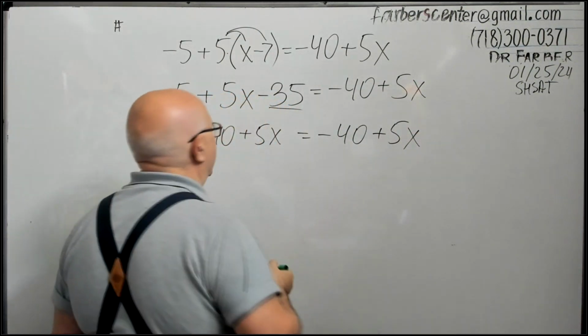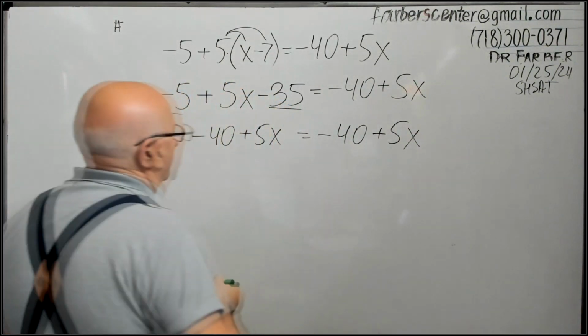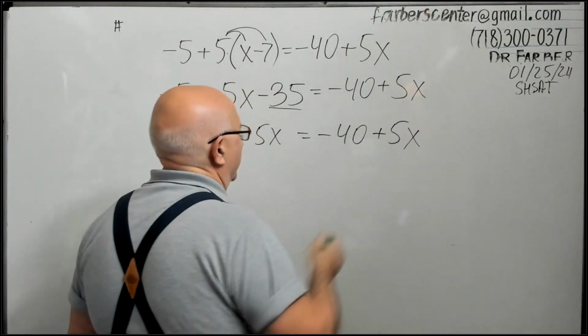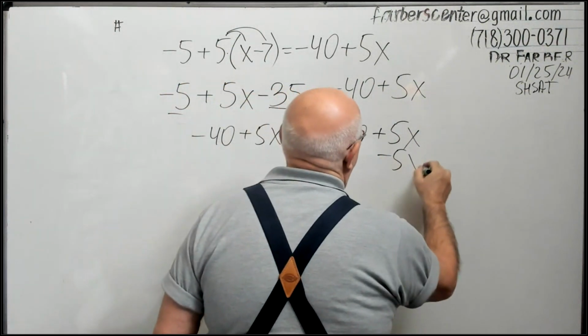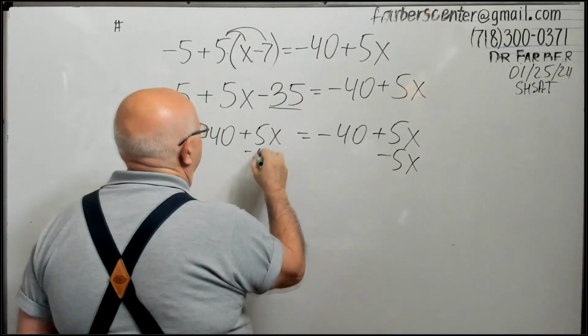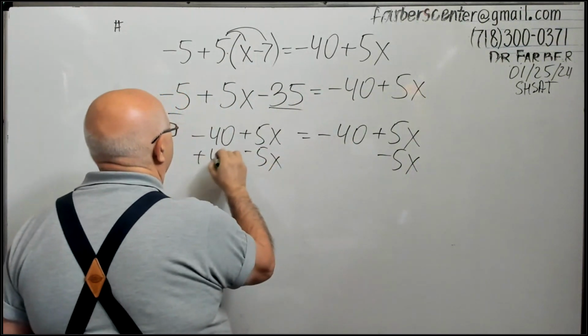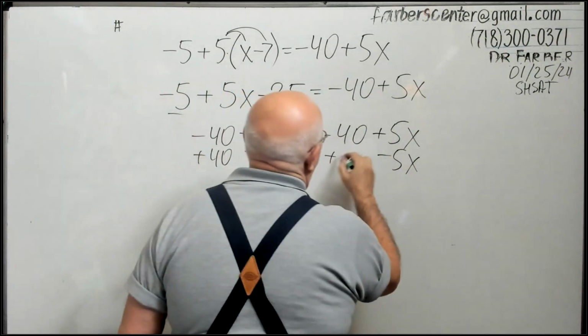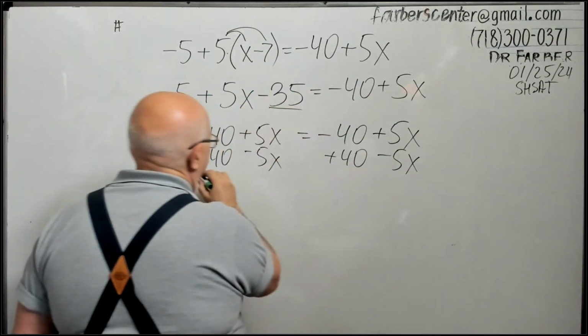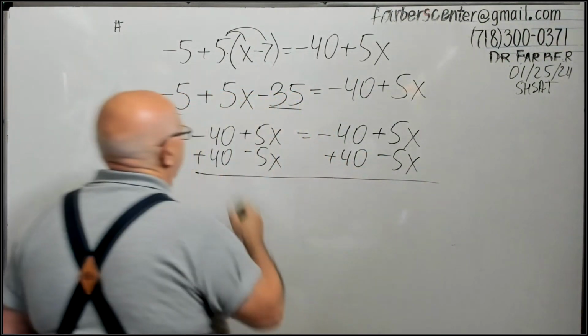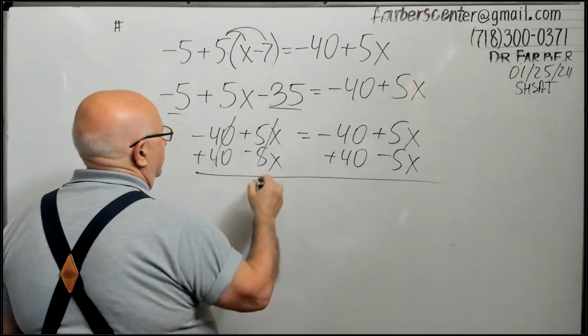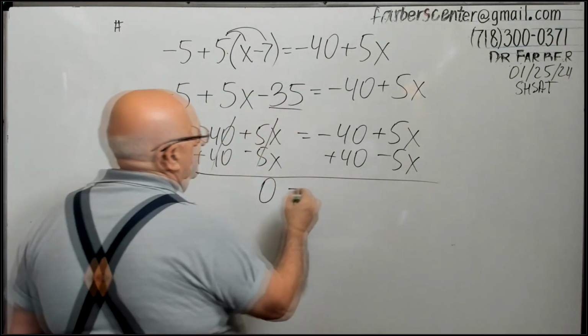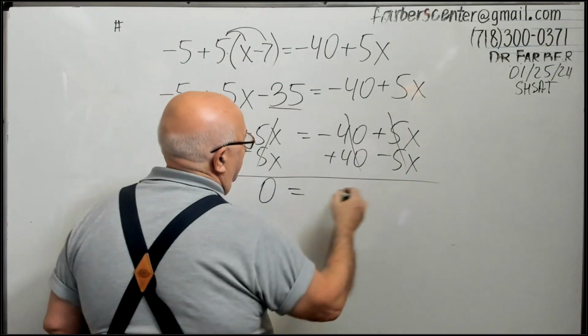Even looking at this, you can make an assumption what it is. But if I subtract 5x, to be consistent, minus 5x, and plus 40 and plus 40. Cancel out, 0 equals 0.